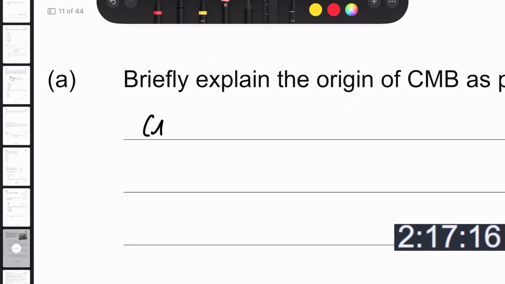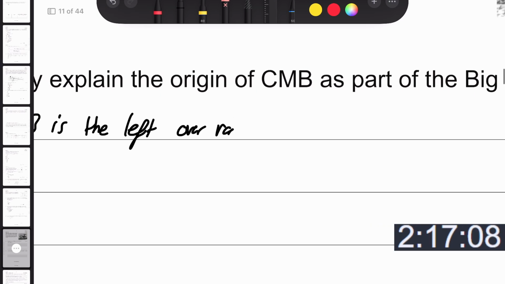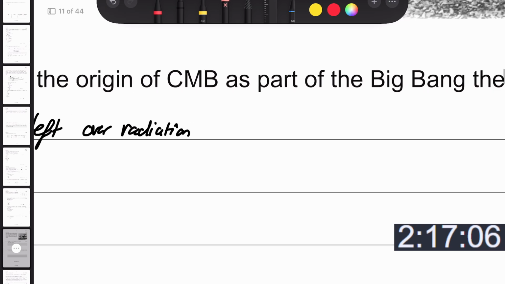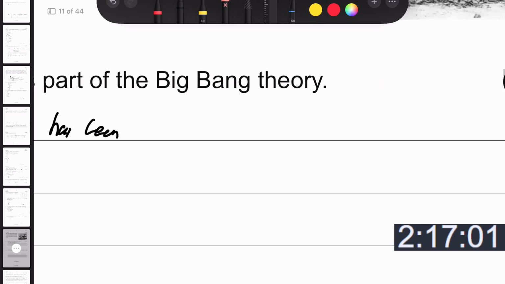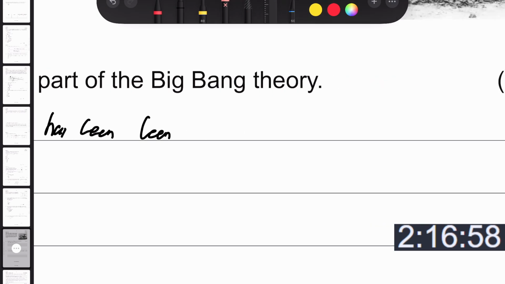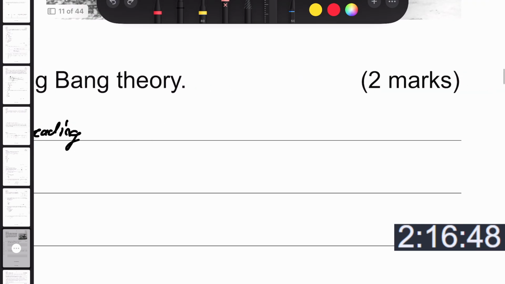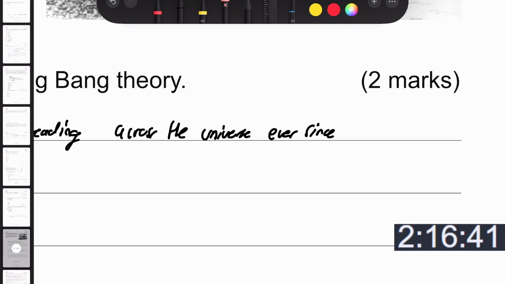So the CMB is the leftover radiation that has been spreading through the universe ever since the Big Bang.